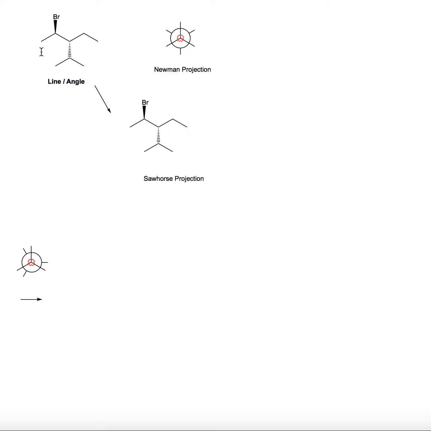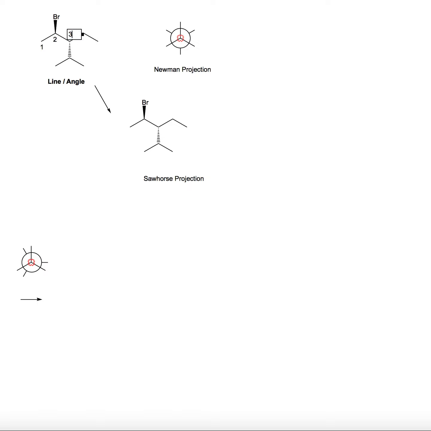So we need to name the carbons. Remember how I said in class that nomenclature is important for Newman projections, so you have to know how to number the carbons.